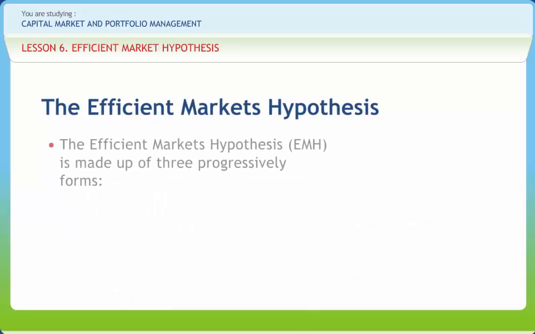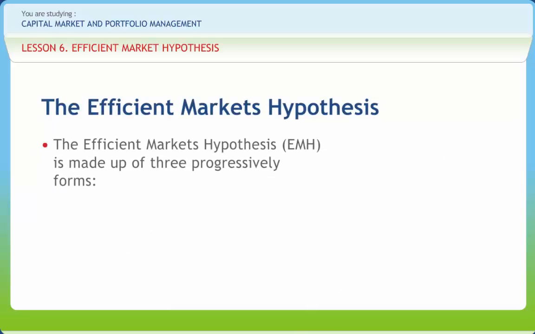The efficient markets hypothesis, EMH, is made up of three progressive forms. First is the weak form efficiency, which implies that technical analysis techniques will not be able to consistently produce excess returns, though some forms of fundamental analysis may still provide excess returns.